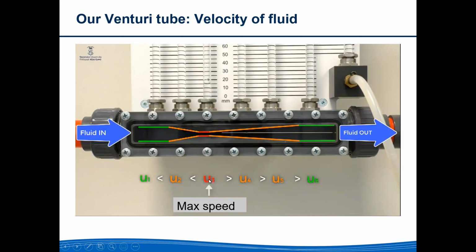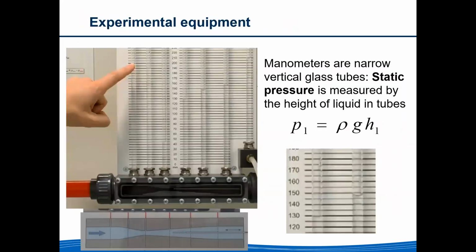At point U3, the narrowest point, the fluid will reach maximum velocity. That we can calculate. We can calculate the velocity of the fluid at different points, knowing the flow rate, by measuring the flow rate. We can then analyze the local pressures.